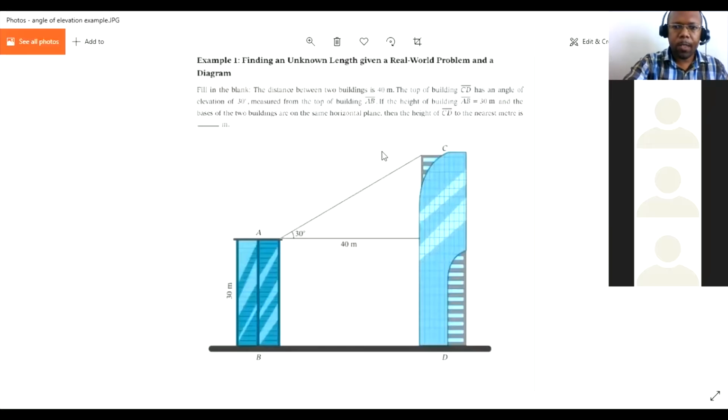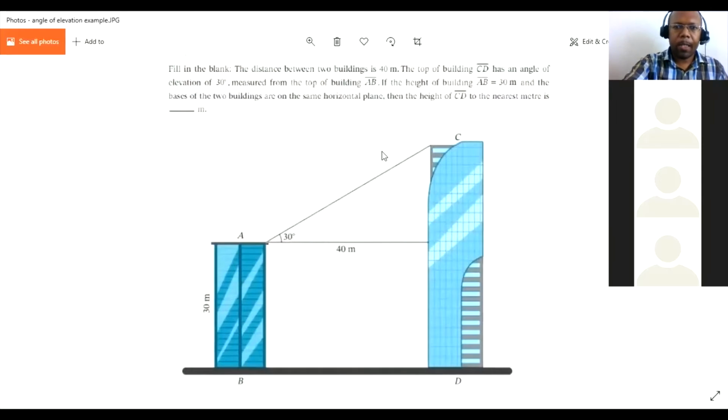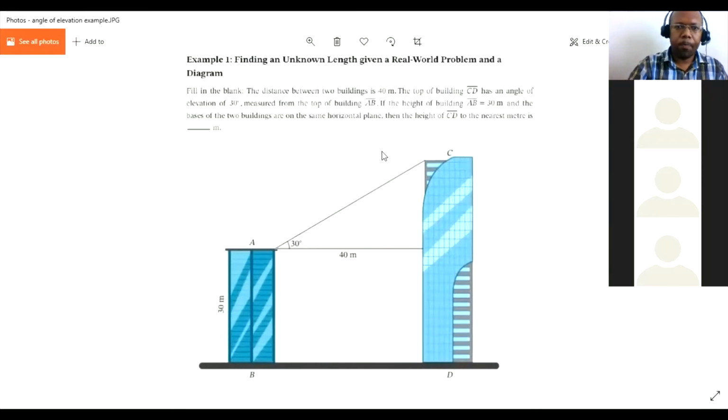look at another image. And I want you to memorize the measurements in this image. It says fill in the blank, all right? The blank is this portion here. It says the distance between two buildings is 40 meters. The top of the building CD, so this building is labeled CD, has an angle of elevation of 30 degrees, measured from the top of the building AB.